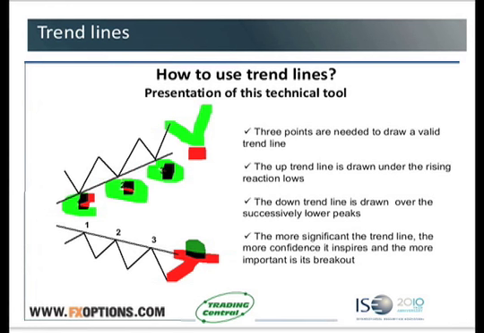But the most important is you can also buy if you break above the bearish trend line, because you have 3 points, so it's a valid trend line. So if you break above this, you can consider that we have a bullish signal, and you can enter a long position.